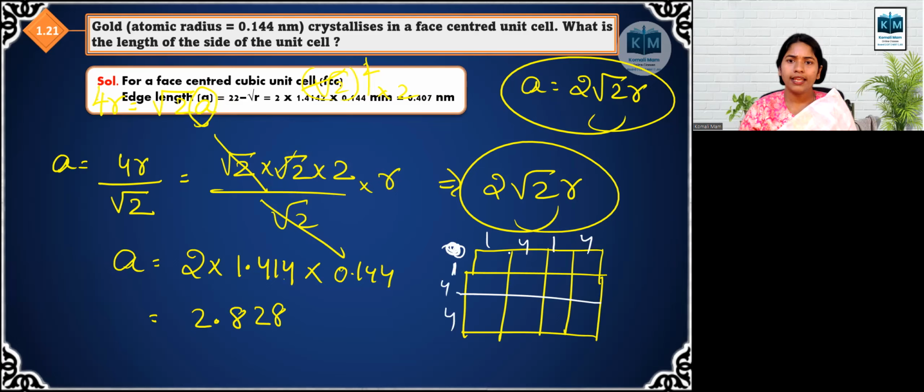144. Let us see: 1 1 is 1, 1 4 is 4. 4 1s are 4, 4 4s are 16.